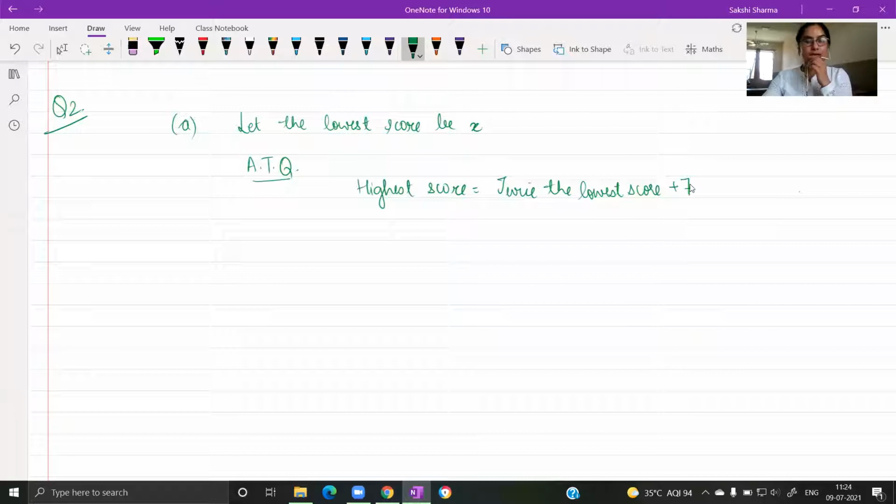Okay, Ananya and Gunjanpreet, that's completely okay. Now, using the values, the highest score is given as 87, which equals twice the lowest score. The lowest score has been represented by x. How will we write twice? 2x. Double that value, plus 7.